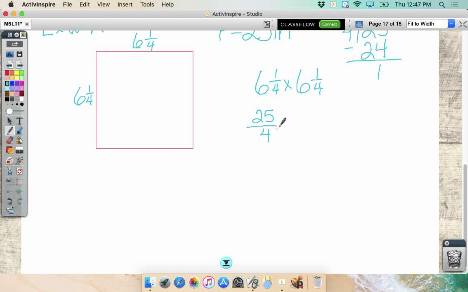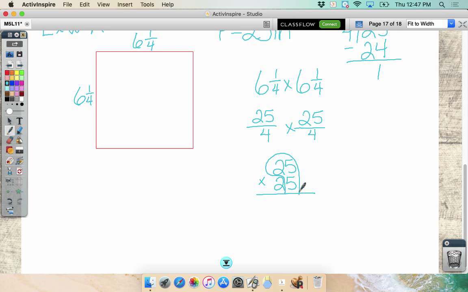So 25 fourths times 25 fourths. There's nothing I can cross off because 4 doesn't go into 25. So I'm going to have to do 25 times 25. And that's turtle heads, so don't forget your X's and O's.